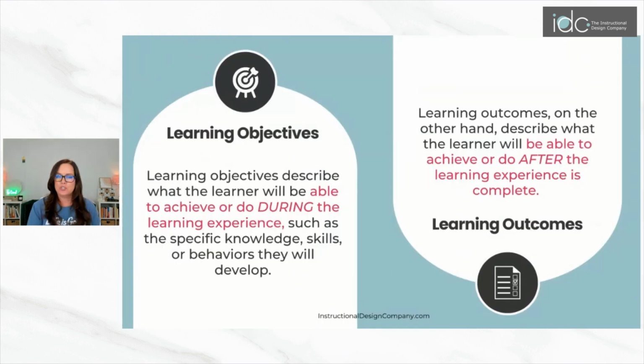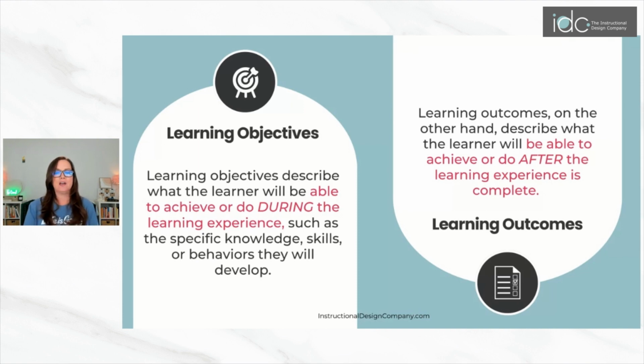All right, so just to recap, learning objectives describe what the learner will be able to achieve or do during the learning experience, from the perspective of the instructional designer who is creating that learning experience, or from the perspective of the facilitator or the teacher who is leading it.